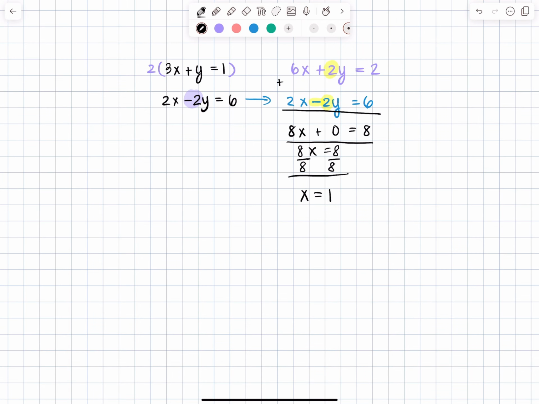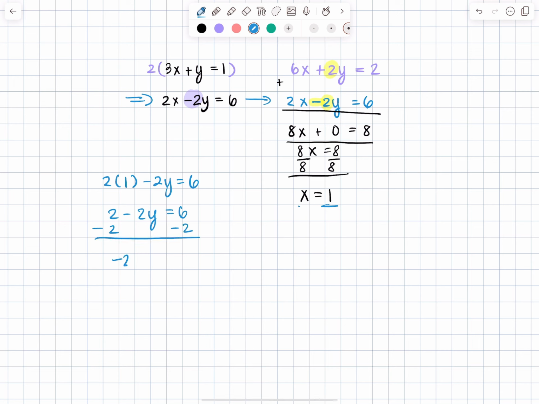Plug it back into one of the equations. So let's pick the bottom one. It doesn't matter which one we pick. So 2 times 1, because we know x equals 1, minus 2y equals 6. So 2 minus 2y equals 6. Subtract 2 on both sides.